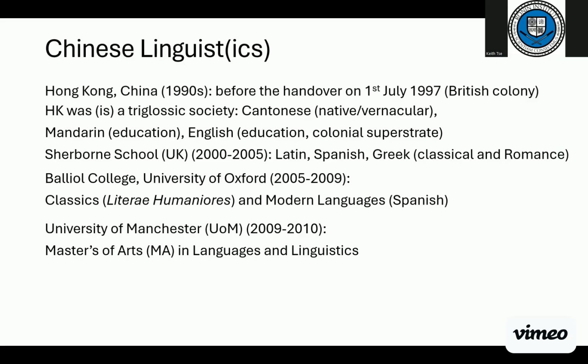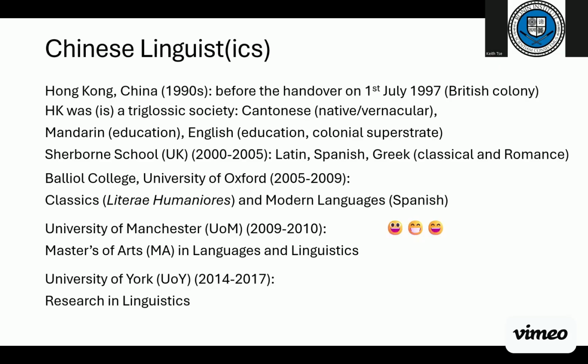I then did my master's at Manchester. Yeah, so I'm very happy to be here today, back at Manchester. Well, I did my master's in languages and linguistics, where I specialize in linguistic theory. I then continued my research in linguistics at the University of York.